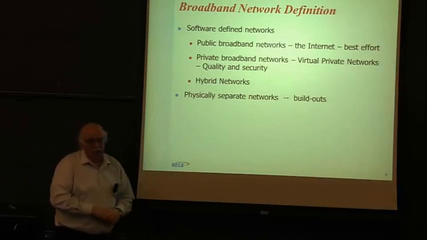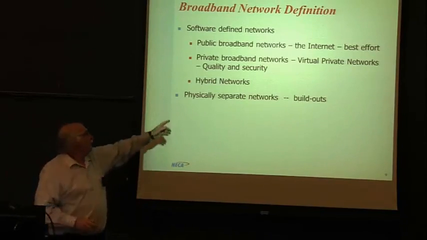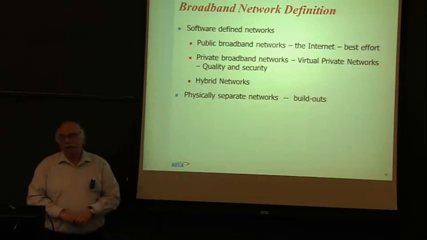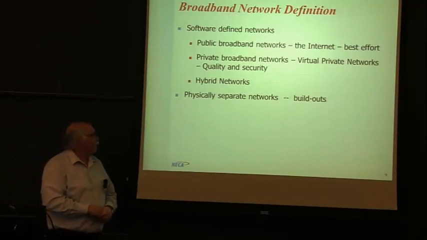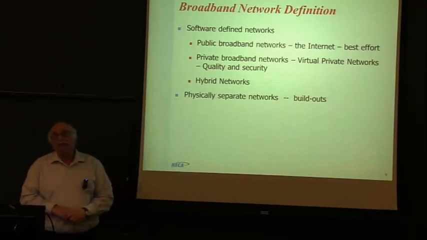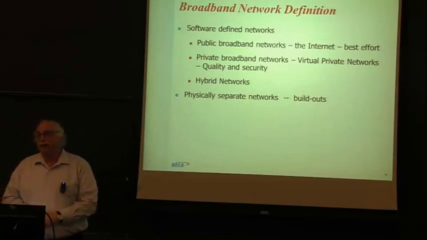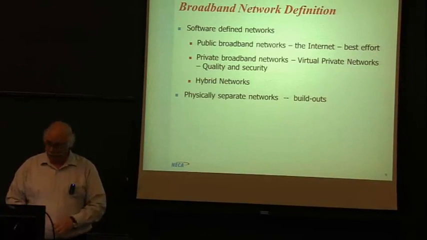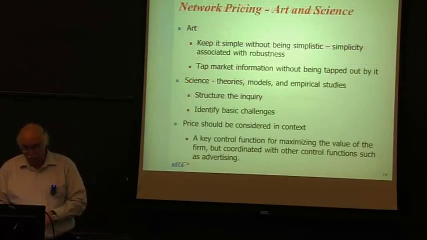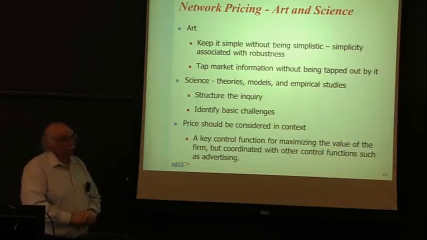And then there are hybrid networks, these private clouds, public clouds, and then a private network often will have access to the internet. So that's a hybrid network. And there are still physically separate networks. Some types of customers do not want to use facilities that anybody else can use. Expensive, but it's there.